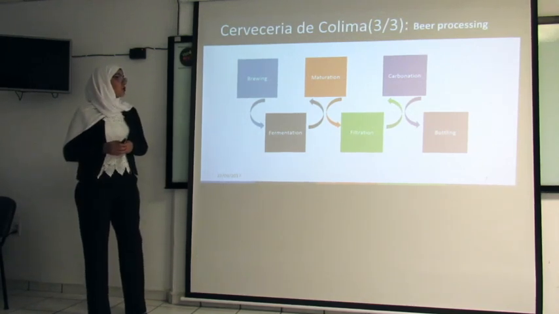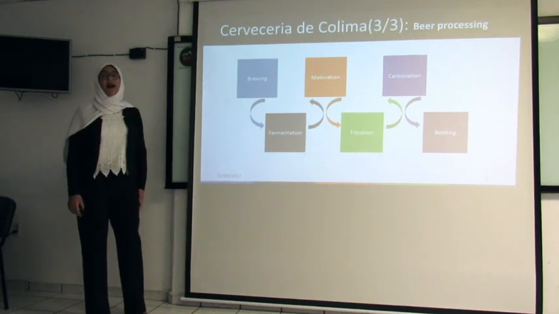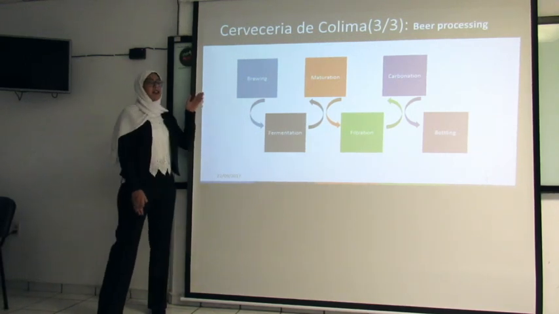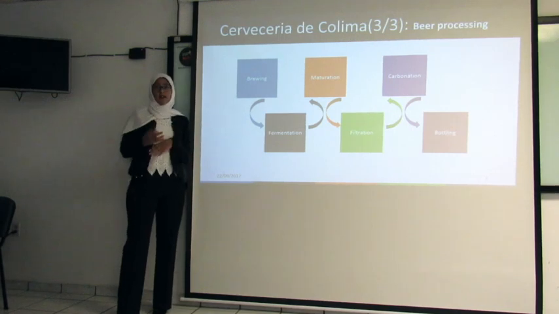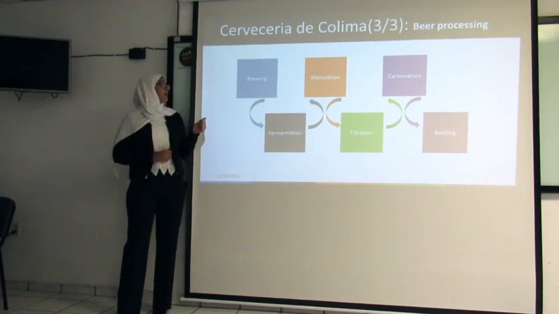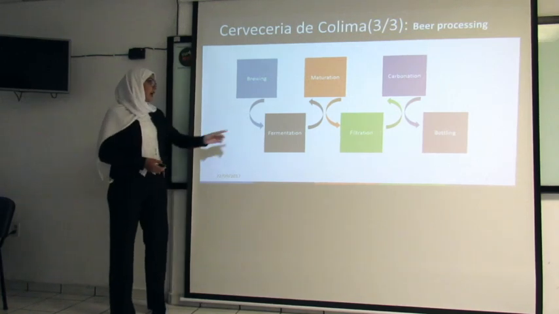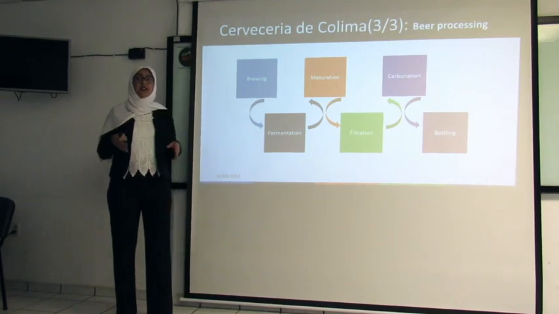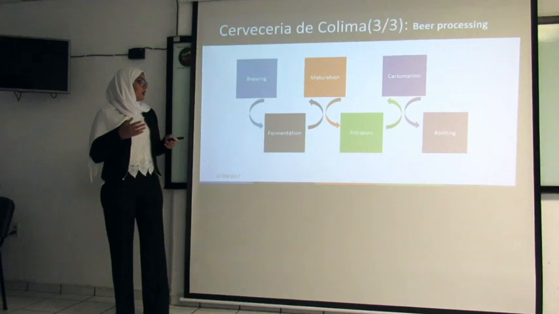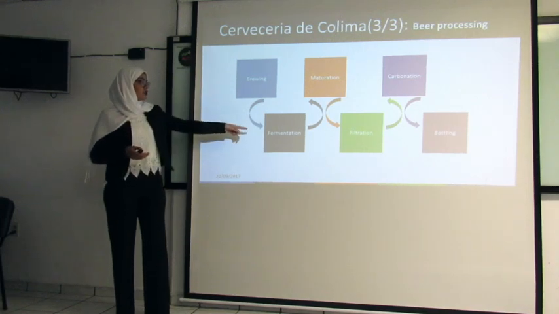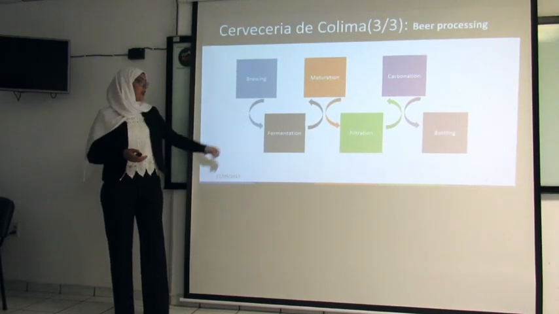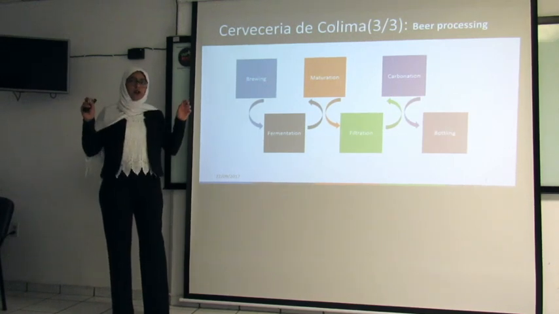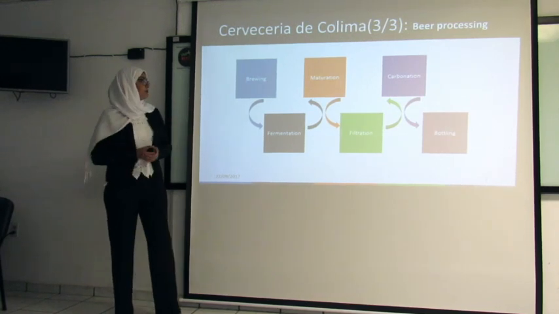the processes, we start by the brewing. Here in this step, we start by mixing all the ingredients to prepare the malt. And in the fermentation, we put the yeast that feeds on the sugar of the malt to produce carbon dioxide and alcohol, as we call the biogas.